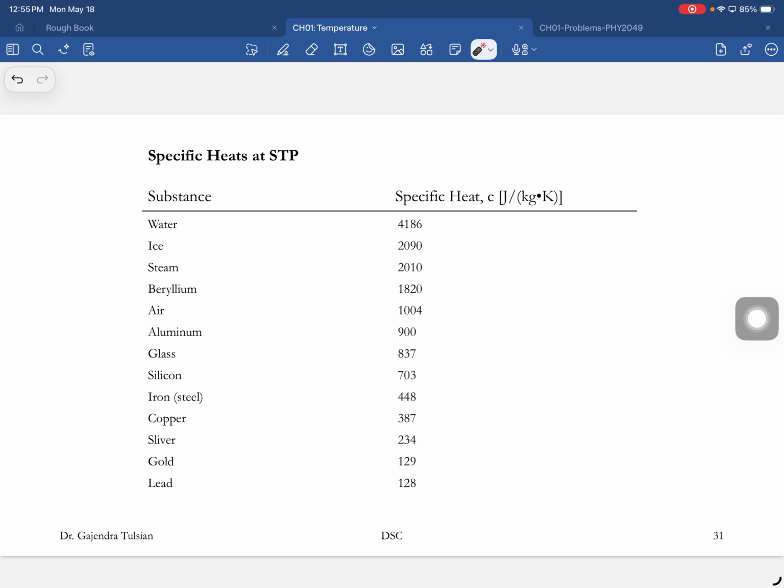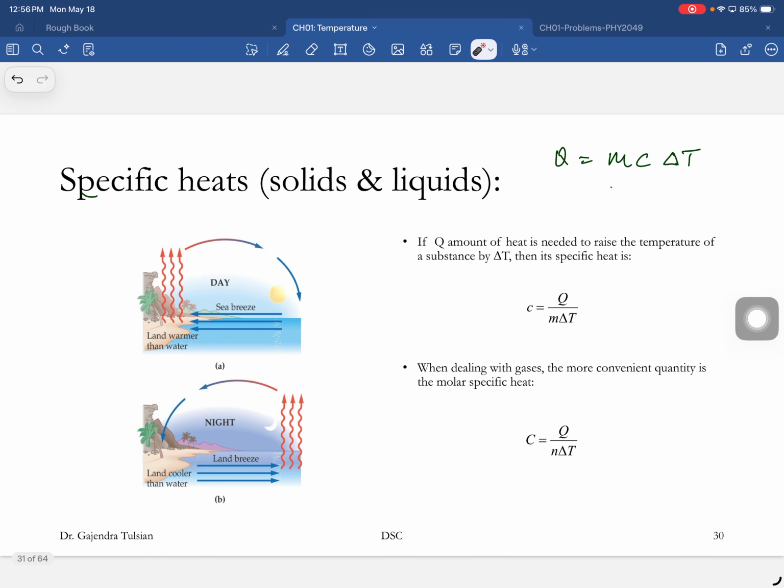Now we'll talk about latent heat. Okay, here's a can of water, and if I put it on the range, what will happen? It will start to boil. Its temperature will rise. Now let me give you a bunch of ice cubes at 0 degrees Celsius.